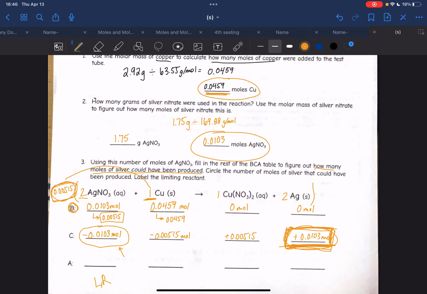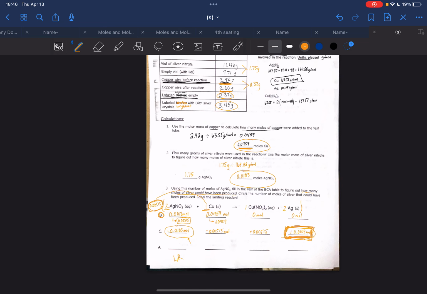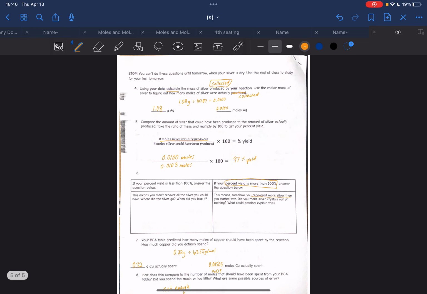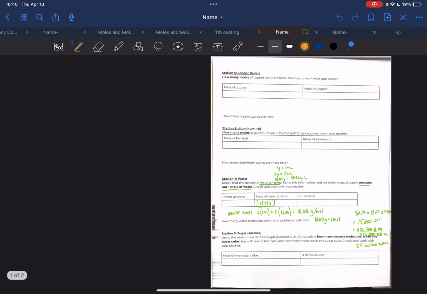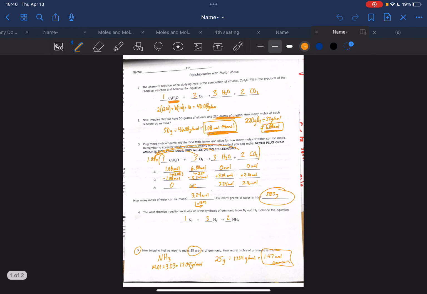Honestly, quite simple stoichiometry problems. If this made sense to you, and if you've been doing okay on stoichiometry, this worksheet, where is it? This one, stoichiometry with molar mass. If you were good on this, you'll be good on the test.